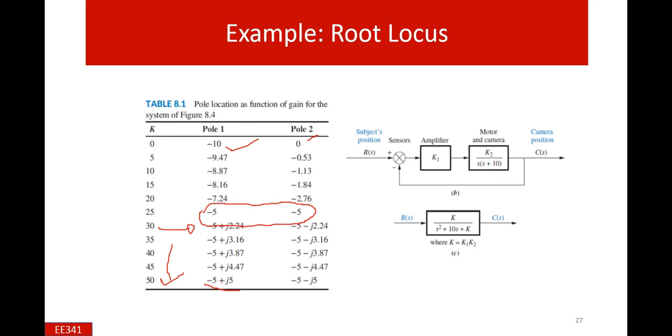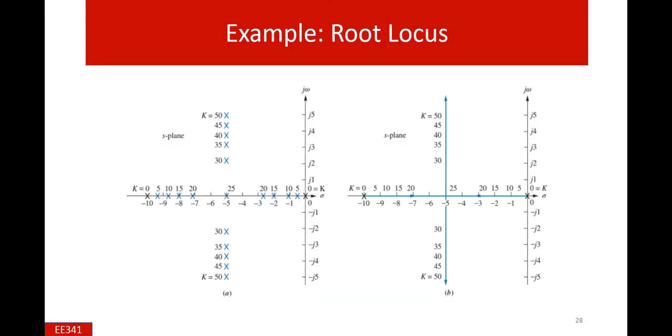Graphically, we see the variation of K: when K is equal to 0, one pole is at -1 and one pole is at 0. If we change the values of K, the poles move toward each other, and at K equal to 25, these two poles lie on the same point.